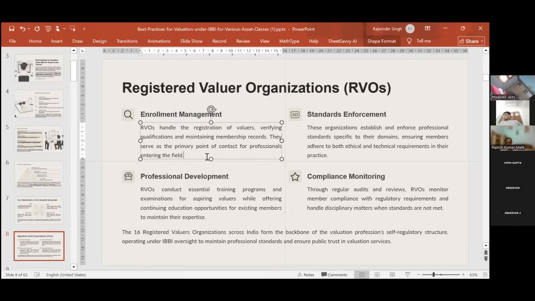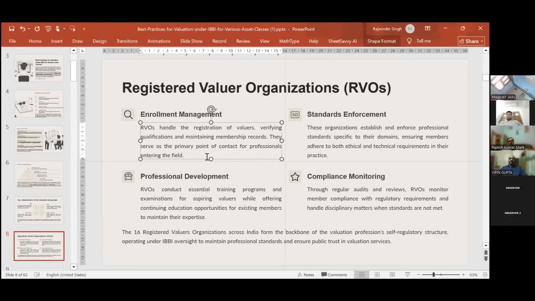RVOs handle the registration of valuers, verifying their qualifications and maintaining membership records. They serve as the primary point of contact for professionals entering the field of valuation.